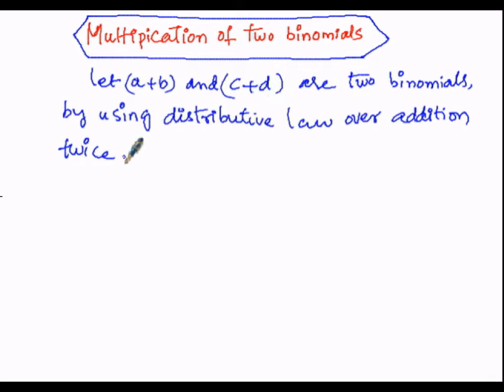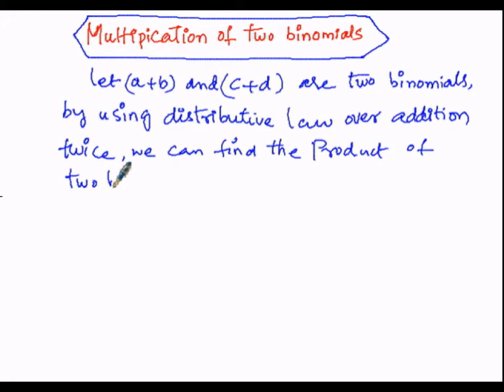Then we can find the product of the two binomials. So I have said that we have to apply the multiplicative distributive law over addition twice, that is two times.